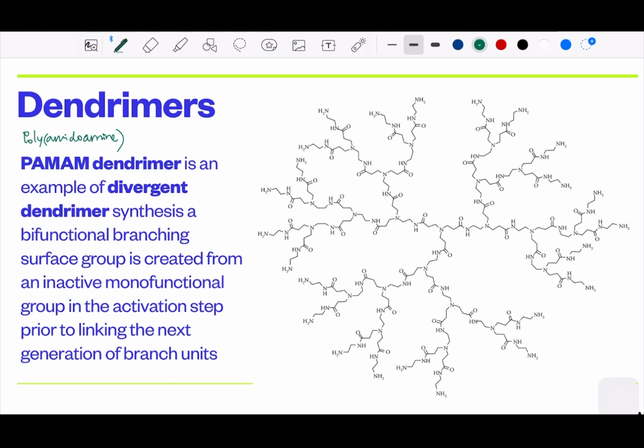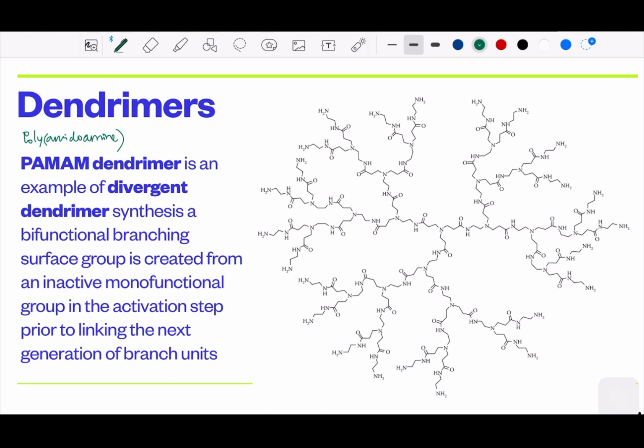So it's an example of how the divergent dendrimer is synthesized. A bifunctional branching is created from the inactive monofunctional group, from this core, and we call it the divergent dendrimer.